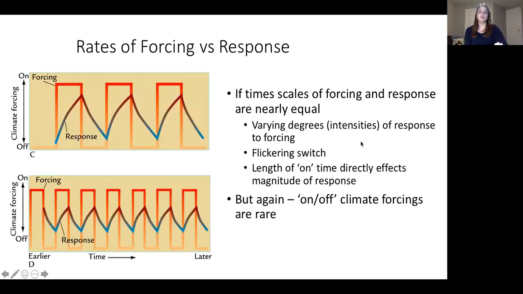And again, if those forcing and responses are nearly equal, or we have an on again, off again kind of climate forcing switch, we see various intensities or degrees of response because of that. That's what our last two diagrams were showing on that first page.